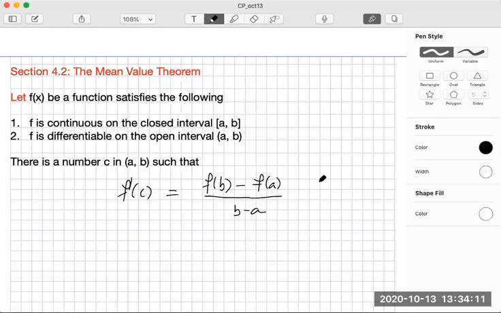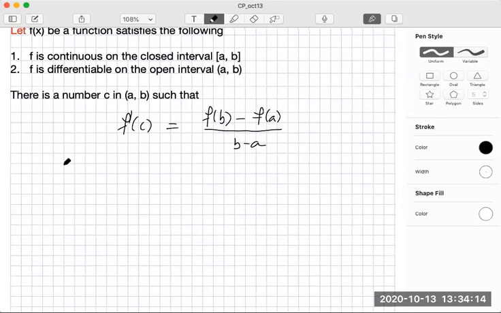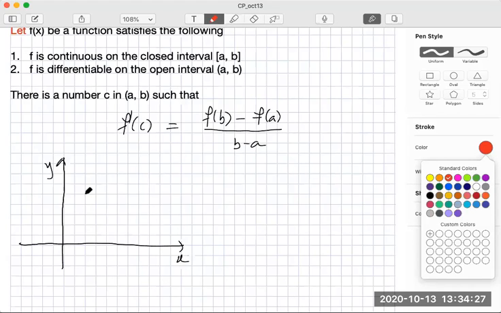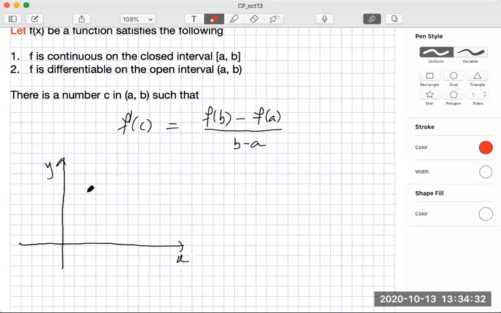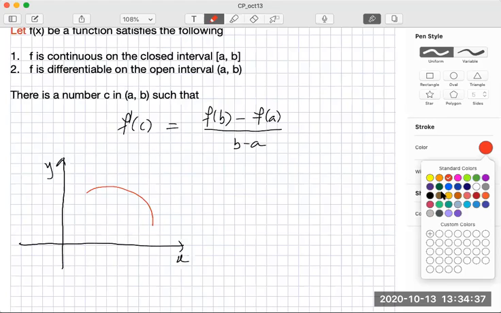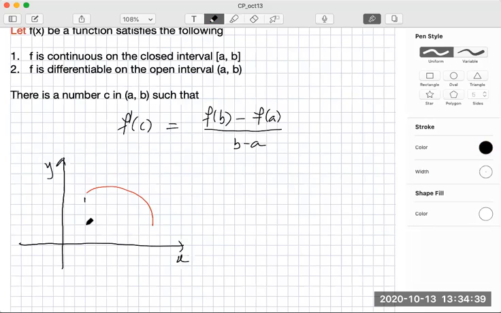We can visualize it in the graph like this. For example, this is the coordinate x, y, and this is the graph on the interval from A to B, and let us call A to B here from 2 to 8 in this situation.